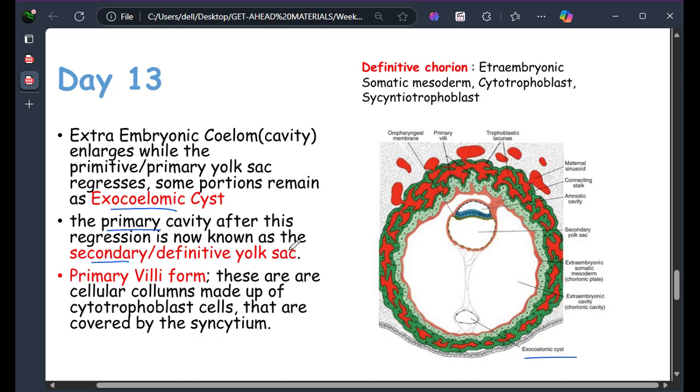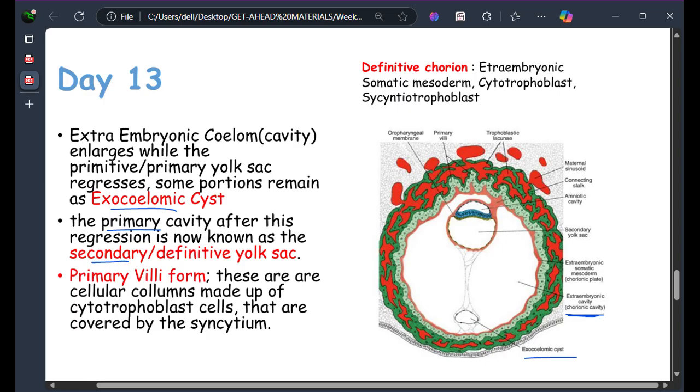So the primary yolk sac will now be called the secondary yolk sac because of these changes that we're just talking about, the enlargement of the extraembryonic cavity, this one, or the chorionic cavity, that's the other name.